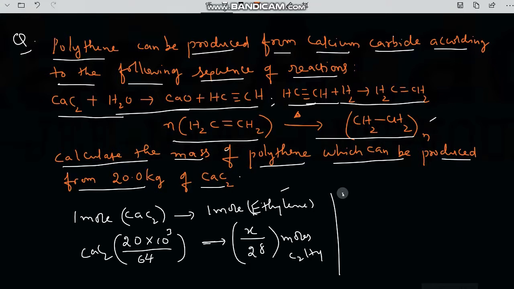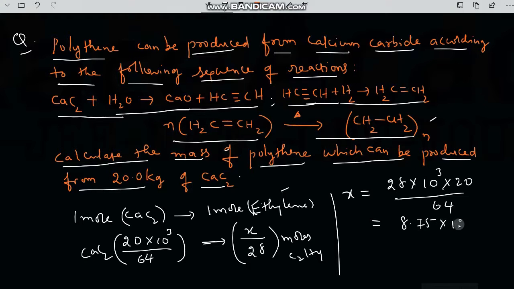So if you find out what is x, x will be equal to 28 into 10 cube into 20 by 64. Upon simplification, you will get 8.75 into 10 cube grams.